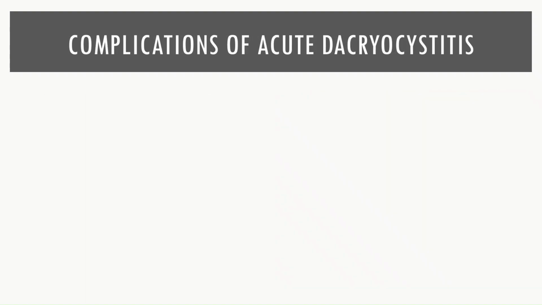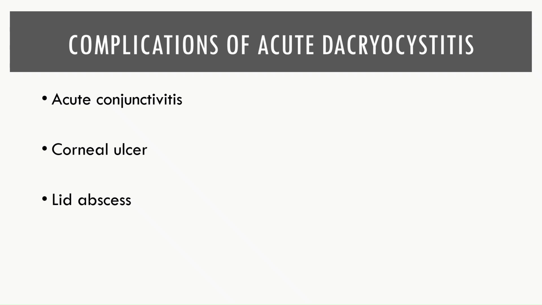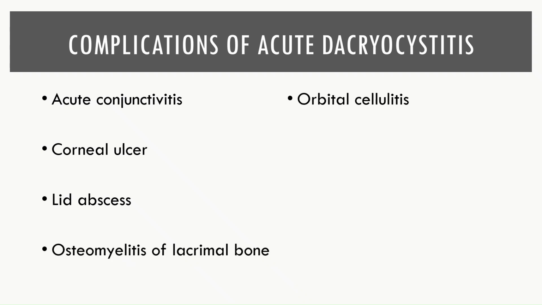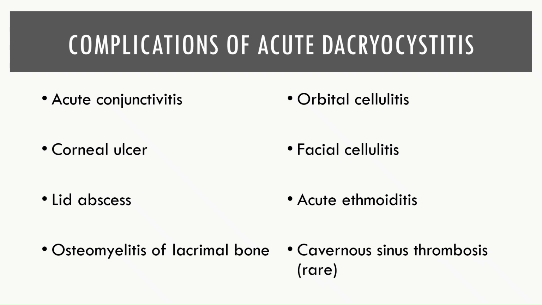Complications of acute dacryocystitis include acute conjunctivitis, corneal ulcer, lid abscess, osteomyelitis of the lacrimal bone, orbital cellulitis, facial cellulitis, acute ethmoiditis, and rarely cavernous sinus thrombosis.